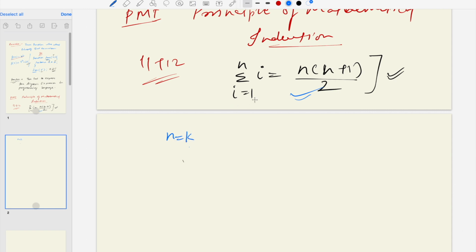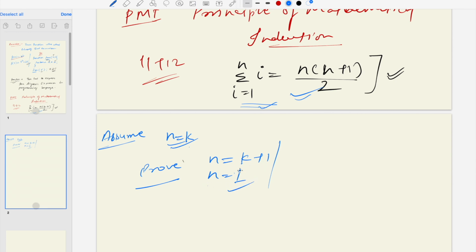We assume that this formula is satisfied for n equals k, meaning if we put the value of n as k, the formula is satisfied. Assuming n equals k, we will prove it for n equals k plus 1, and also prove it for n equals 1.